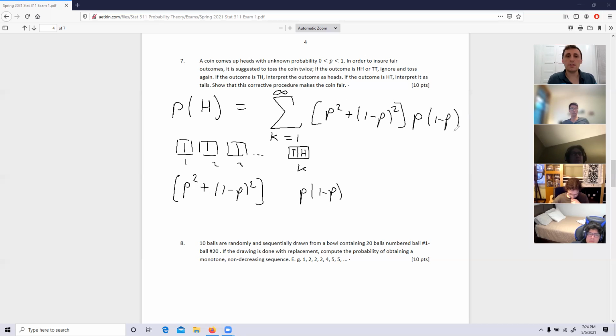Good. And then what's the sum? And this is to the power of k minus 1. So what is the result? Once I sum this geometric series, it's going to be p(1 minus p) divided by 1 minus (p squared plus (1 minus p) squared). That's what I should be getting, right?